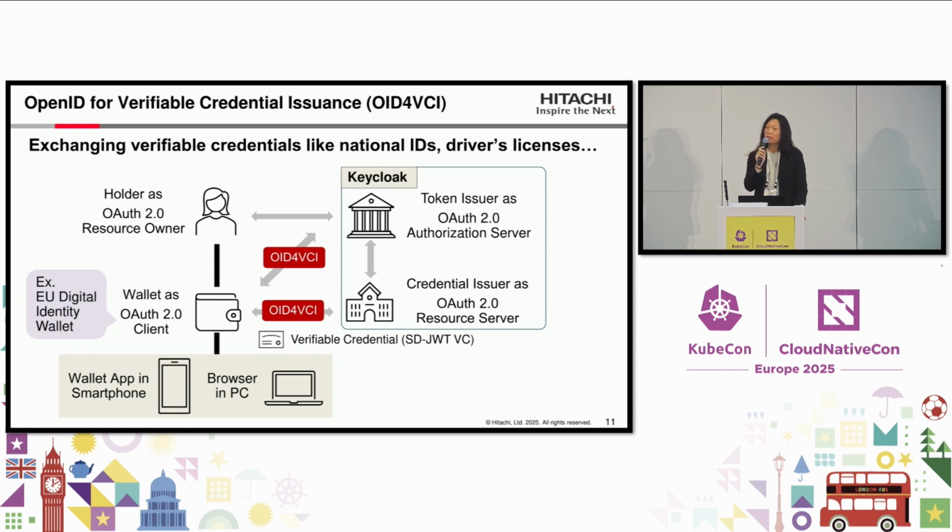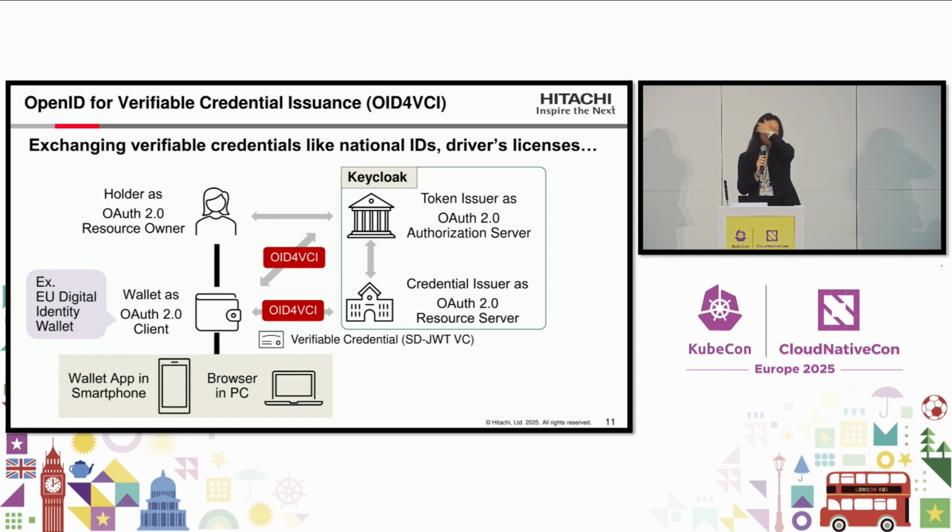This EUDI wallet can securely manage and store data called verifiable credentials, VC. Roughly speaking, a VC is a digitalized version of some kind of certificate in the real world, for example, a national ID, a driver's license, a passport, or a university degree certificate, and so on.